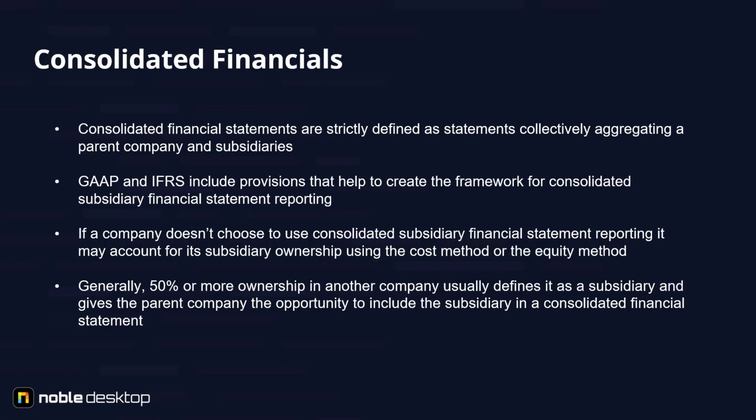Generally, 50% or more ownership in another company usually defines it as a subsidiary and gives the parent company the opportunity to include the subsidiary in a consolidated financial statement. In some cases, less than 50% ownership may be allowed if the parent company shows that the subsidiary's management is heavily aligned with the decision-making process of the parent company.